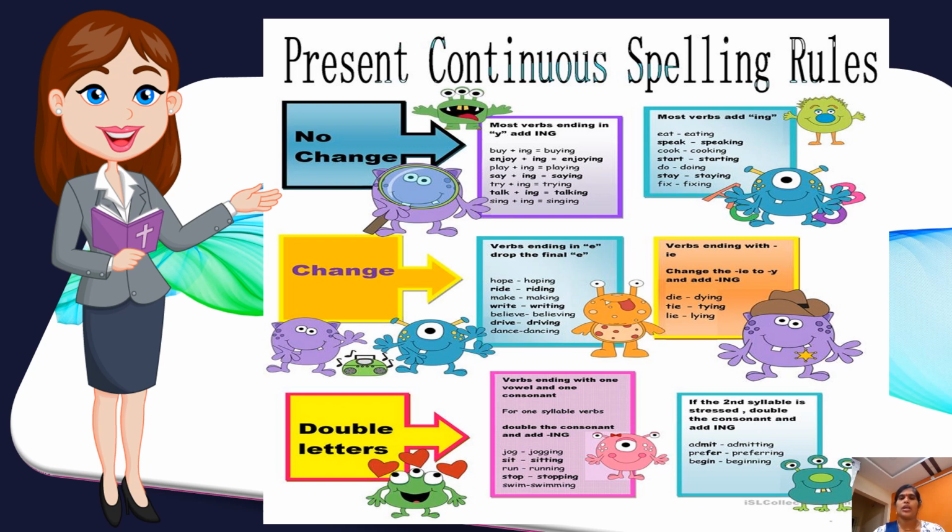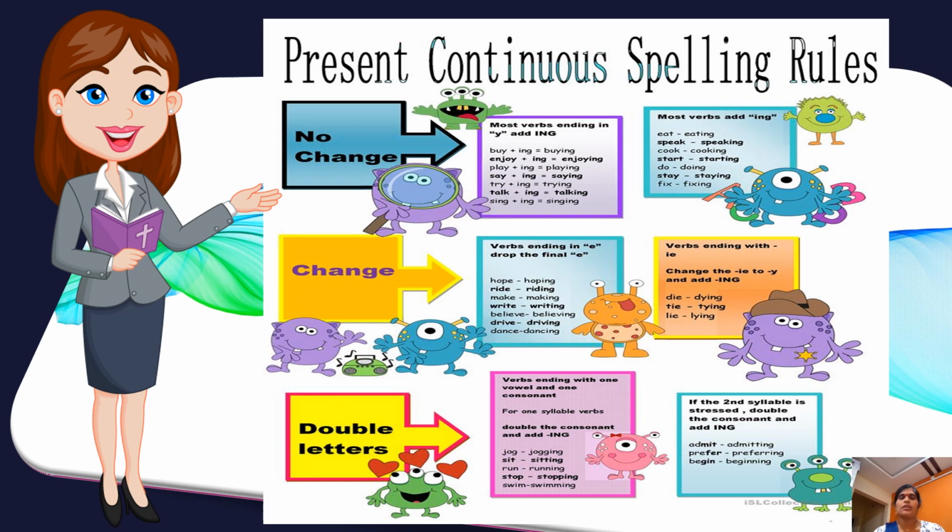And the other rule is the double letters rule. For example, verbs ending with one vowel and one consonant. For example, jog, J-O-G. Here the letters are ending with O and G, which are vowel and consonant. And while changing it into the present continuous tense, we have to double the last letter and then add the letters ing.